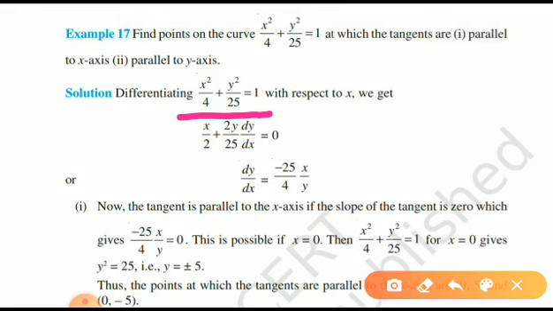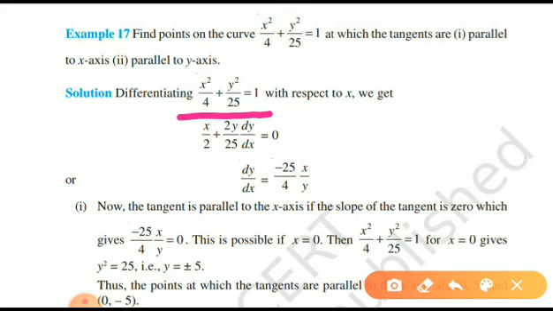Okay, so your dy by dx, what will it be? After simplifying, will I get it as minus 25 by 4 into x by y? Now see, according to the condition, the condition is what? Your tangent is parallel to the x-axis. If the tangent is parallel to the x-axis, can I say that the slope of the tangent will be 0?